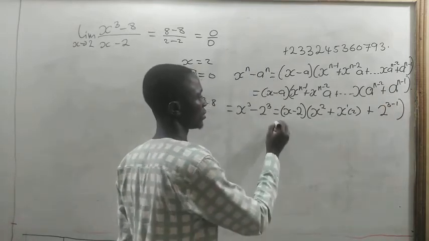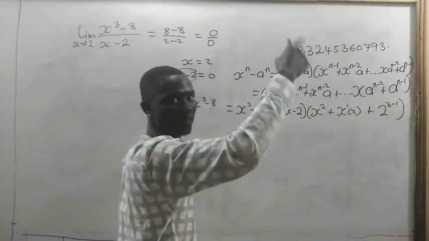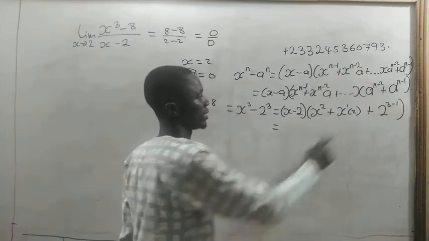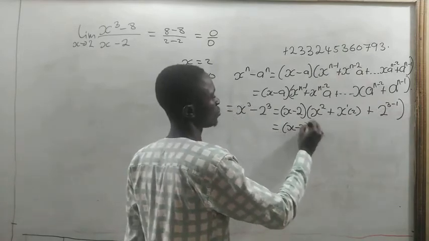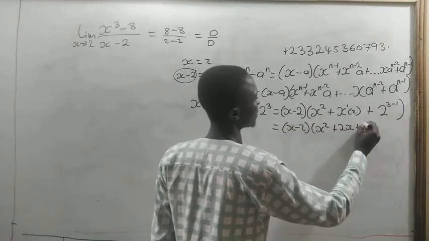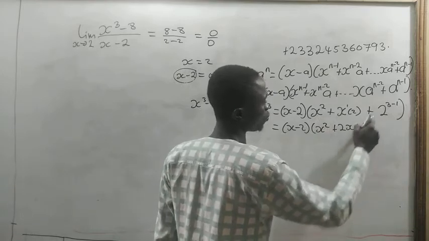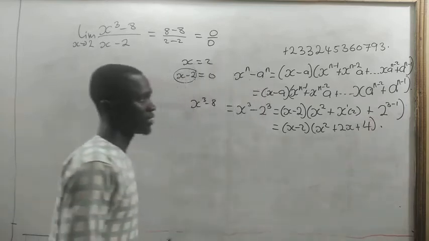The dots mean that if the power is bigger, you keep on going till you reach the n minus 1. So here you take x minus 2 times x squared plus 2x plus 4. That is 2 squared, and 2 squared is 4. Very simple as that.